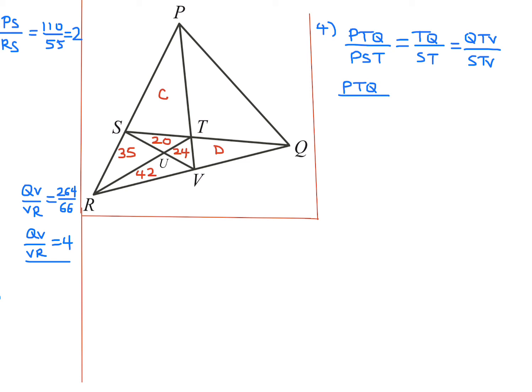PST, well, that's C, and we had previously calculated C to be 110. And that's going to be QTV. Well, QTV was D, and we had previously calculated D to be 264. And then STV, well, that's going to be 20 plus 24, which is 44. So there we go. This can easily be calculated. PTQ, therefore, becomes 660.